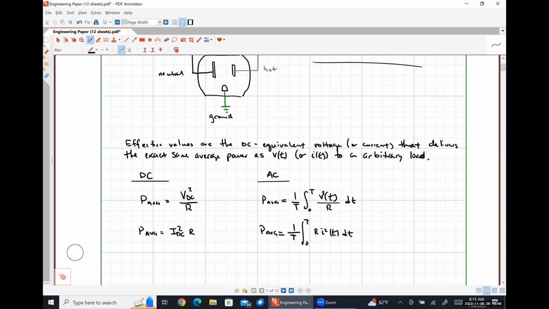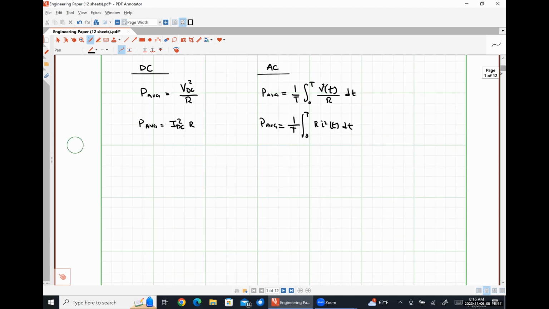So what I'm going to be doing is I'm simply going to set the DC average power relationship equal to the AC average power relationship, and then solve for VDC and IDC respectively, because that'll give me the DC equivalent voltage and DC equivalent current that are providing the exact same amount of average power as our periodic signal is.